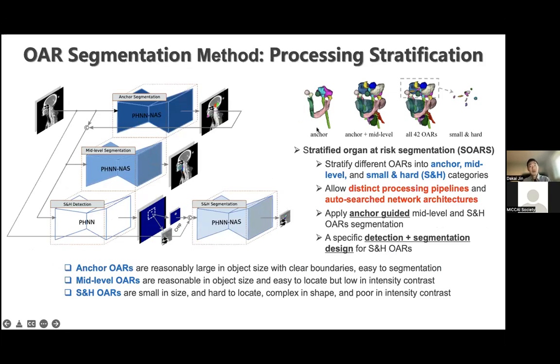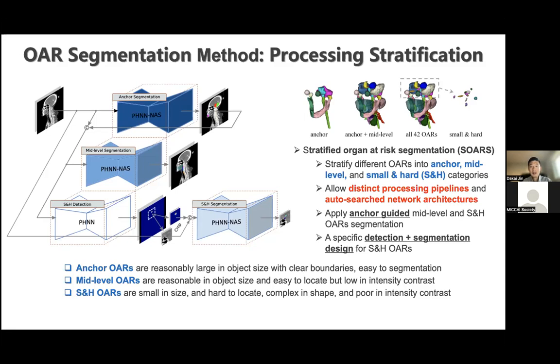They first divided these 42 organs into 3 different levels according to their segmentation difficulties. First, they selected some anchor organs which have a reasonable size and often clear boundaries. Those are easy to segment.